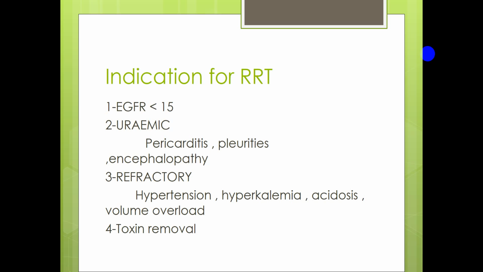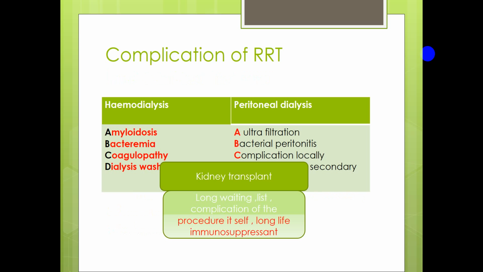If eGFR is less than 15, if the patient has uremic pericarditis, uremic pleuritis or uremic encephalopathy, refractory hypertension, refractory hyperkalemia, refractory acidosis, refractory volume overload, and if the patient is toxic and there is a need for toxin removal.